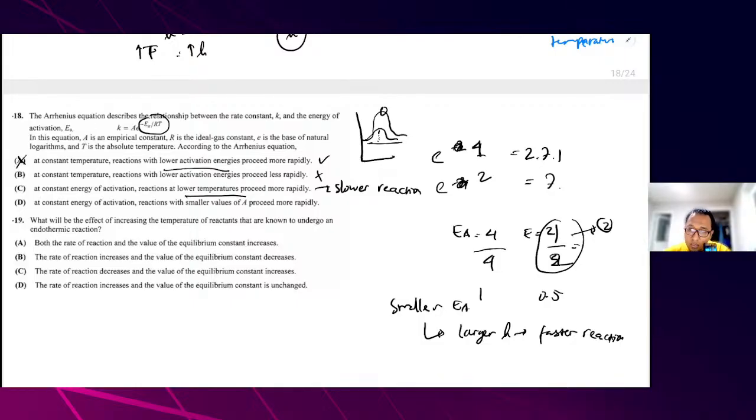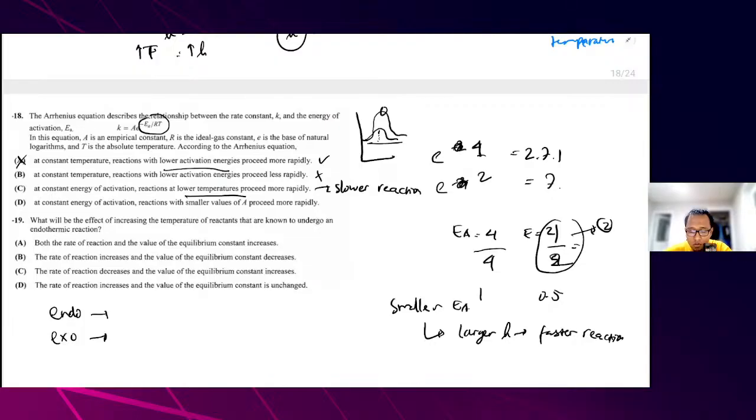What will be the effect of increasing the temperature of reactants that are known to undergo an endothermic reaction? Endothermic reaction, and then we have the exothermic reaction. So we need to know the meaning of endothermic reaction.